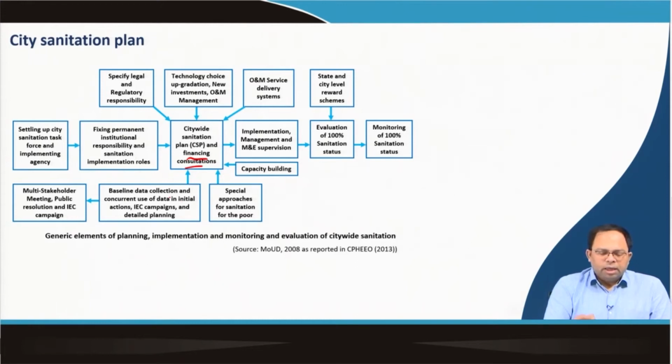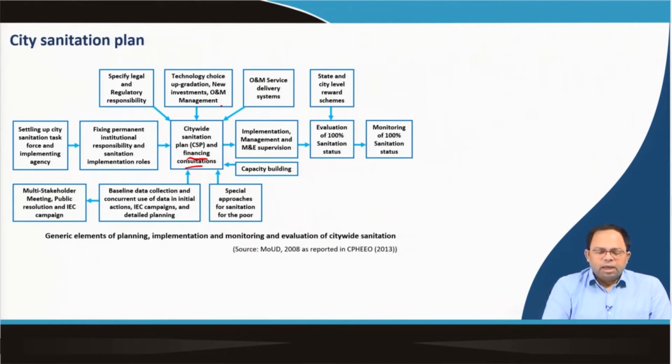On the other side, we can look into the legal and regulatory responsibilities, what has to be provided. Technology choices for upgradation, new investment and operation and maintenance management. So, what should be the different options? Then operation and maintenance service delivery systems, that means what kind of delivery should be there, will it be through PPP mode, will it be through contracts and so on.